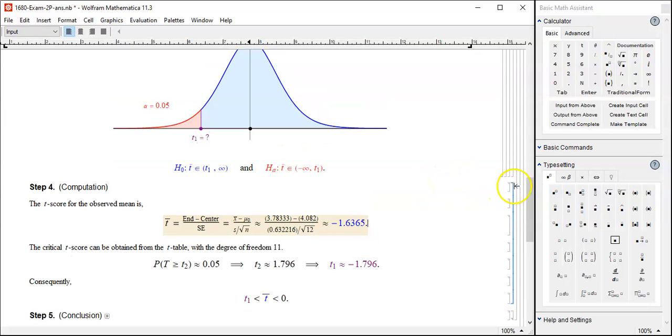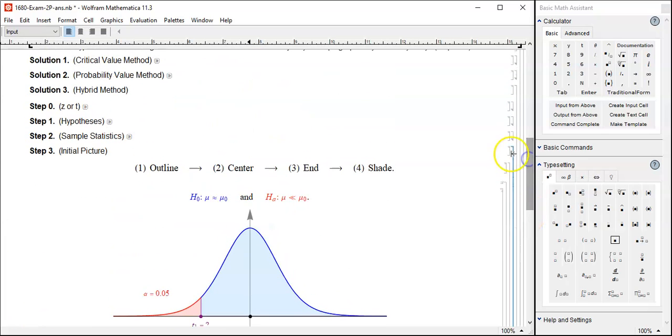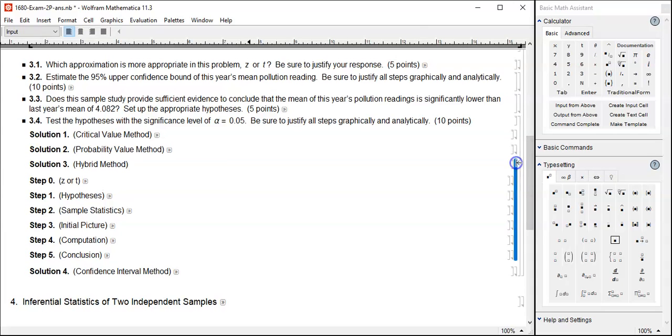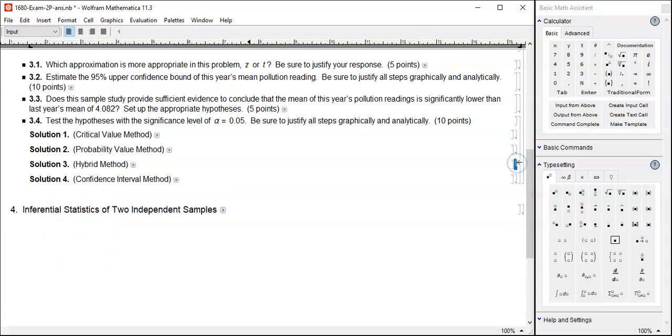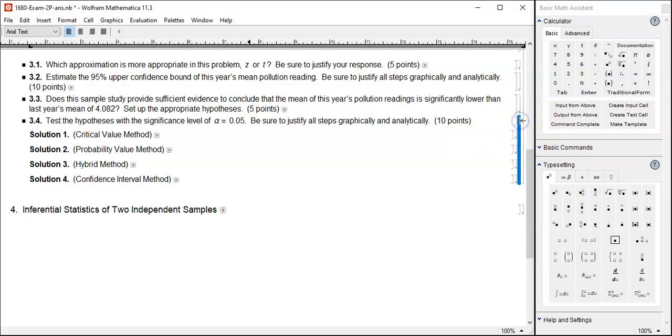But again, that's a hard approach. So my suggestion is don't do this unless you know what you're doing. But comparatively speaking, the students who chose this method did generally better than those who chose that method. And students who chose the critical value method usually did the best because that's the easiest to apply.